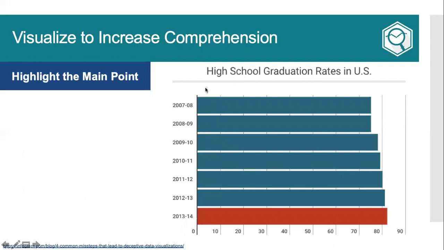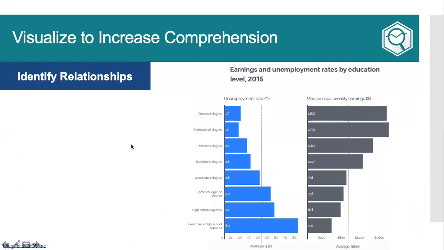So in this example, we're looking at high school graduation rates in the US and trying to show that they've been increasing over the last 6 years or so, which means that the creator of this chart has highlighted the last year. But then also you can identify specific relationships.